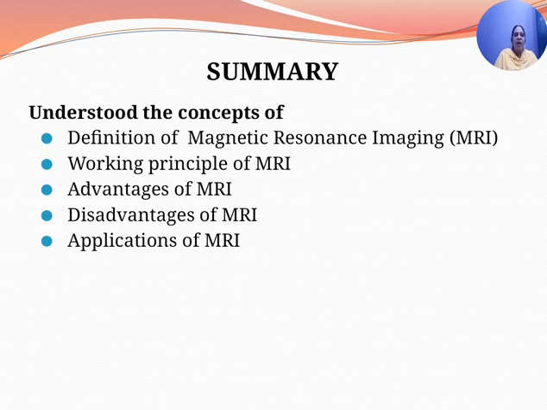There are some disadvantages with MRI scanning: it is very expensive. It requires skilled technicians for operating and maintenance also. It is dangerous for patients who have metallic objects within their body, and it cannot be used in acute trauma settings. It is susceptible to movement artifacts and has a longer scanning time.